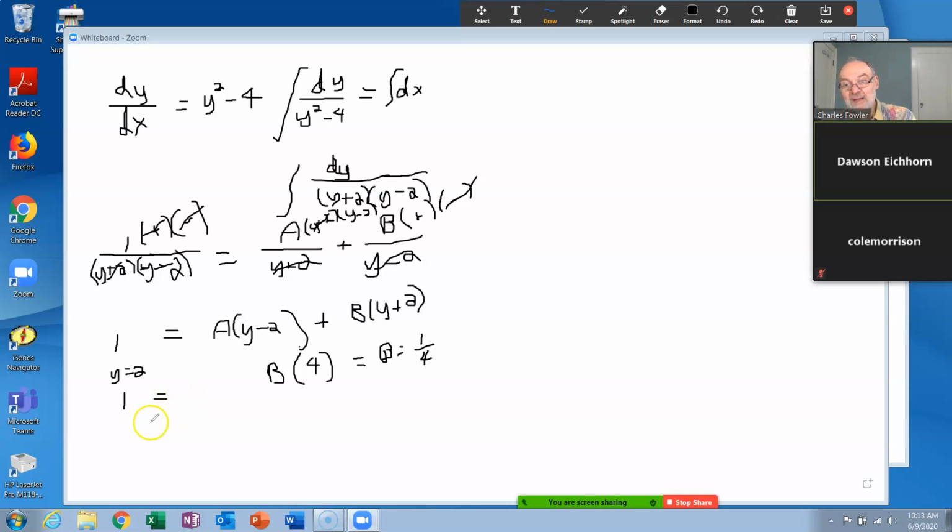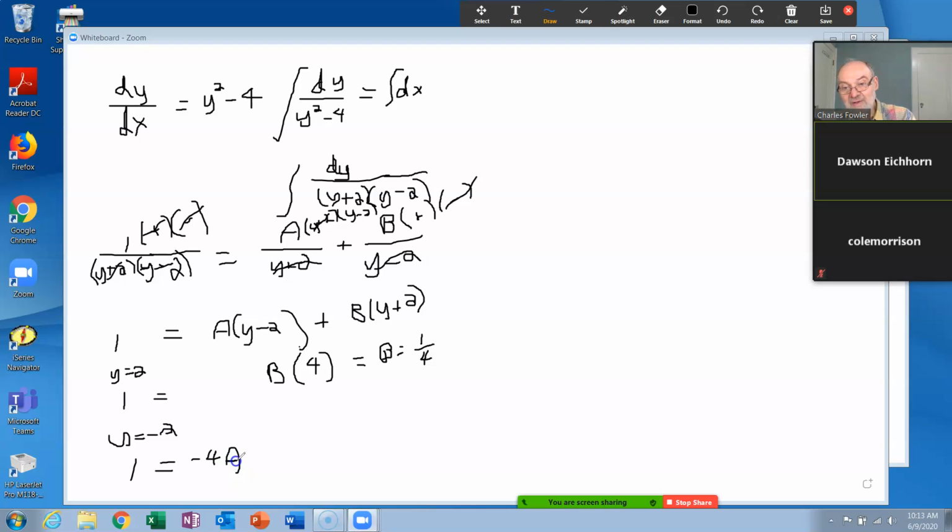Okay? Then, since that works so easily, we'll choose the second one to be y is equal to, guess what? -2. Perfect. And you do that, the left-hand side's still 1. That had no y dependence left because everything else went out. And this would then be -4 times a, because -2 minus 2 is -4a.